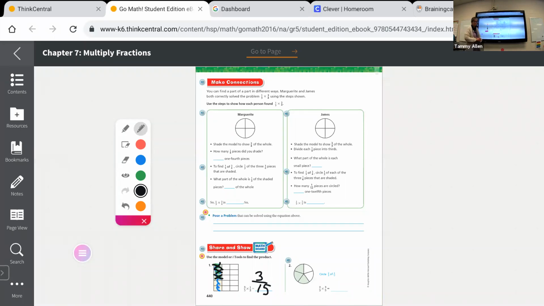So here we go with a circle. We need the 3/5 first, and they graciously divided it up into fifths for us. They've shaded in 3 of them, so that came first. We now need 2/3 of each of those pieces, so we need to divide each of those pieces into thirds and shade in 2 of them.